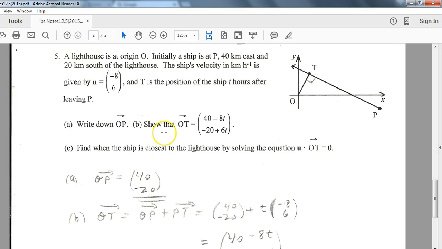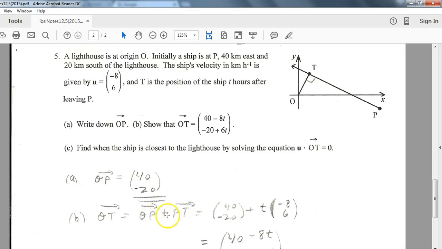On part B, this is one of those classic IB show me questions where they basically give you the answer and are asking you to show how to get it. So if we're looking at OT, now we're looking at this vector right here. Using what we already know, here's a familiar formula for us. If I'm trying to figure out OT, what are the two vectors that we would put together to create OT?